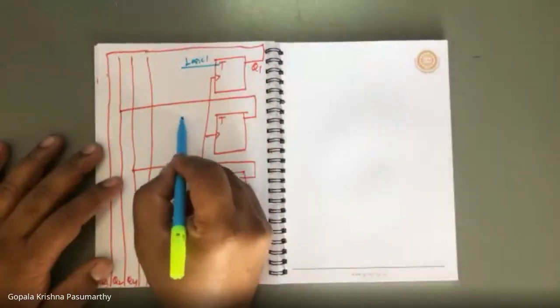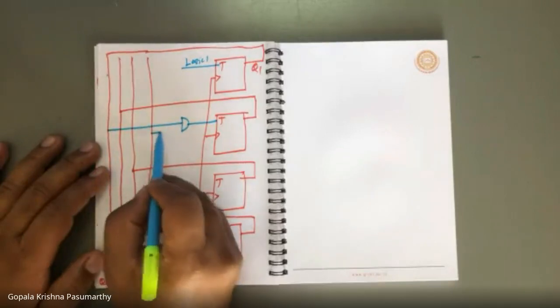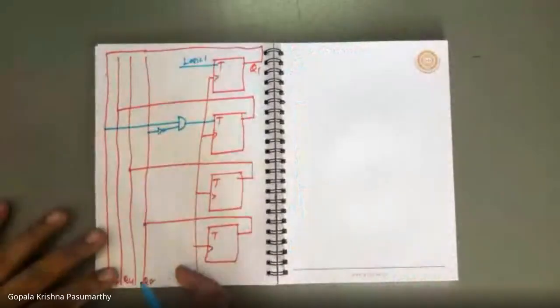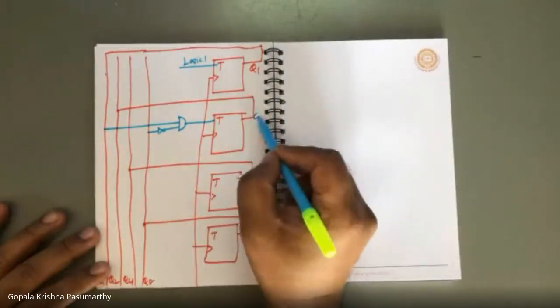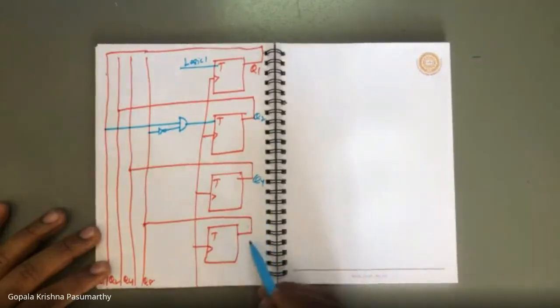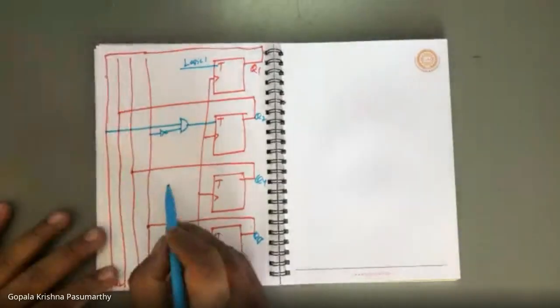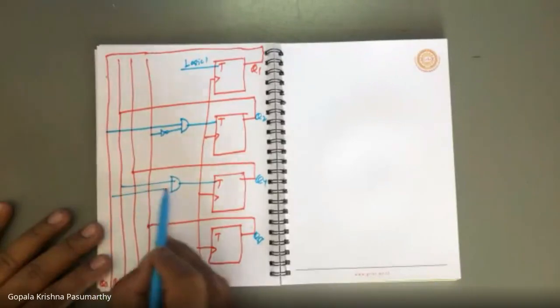So take an AND gate, with one line from Q1 and the second line from Q8 bar. What is TQ4? Q2 Q1, so take an AND gate with one line from Q2 and the second from Q1.